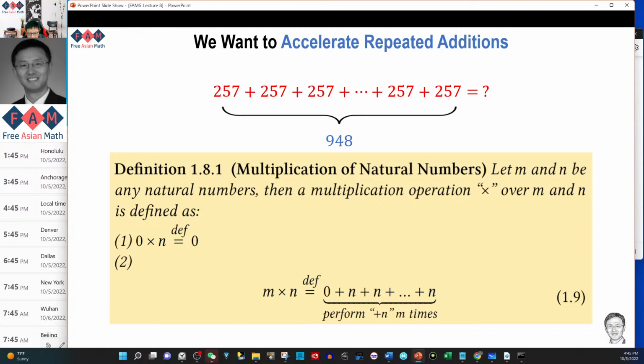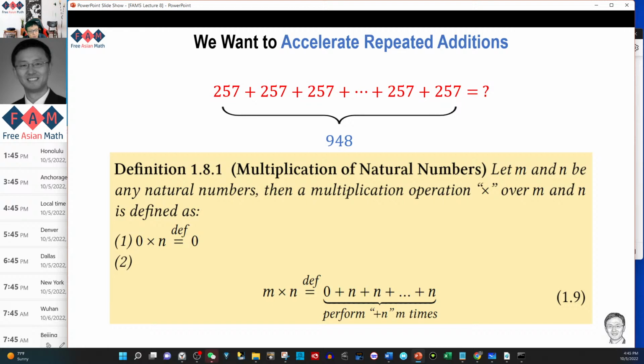So let m and n be any two natural numbers. Then this multiplication operation, of course we know this cross is the operation symbol, over m and n is defined as, we need to be very careful here.